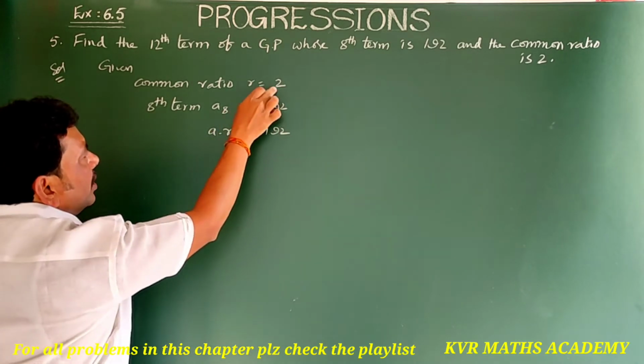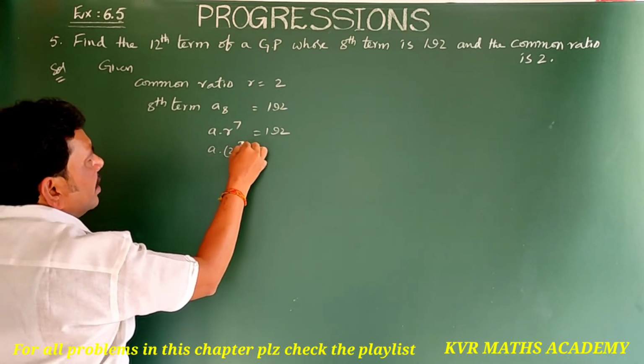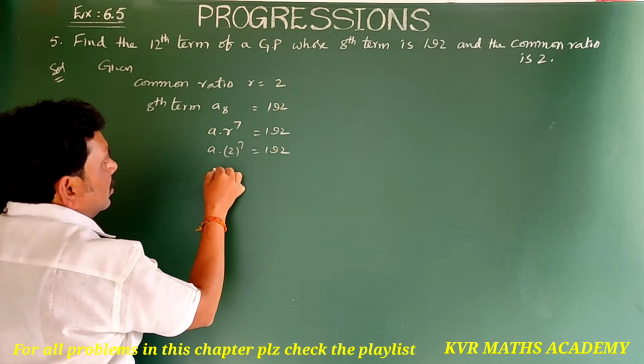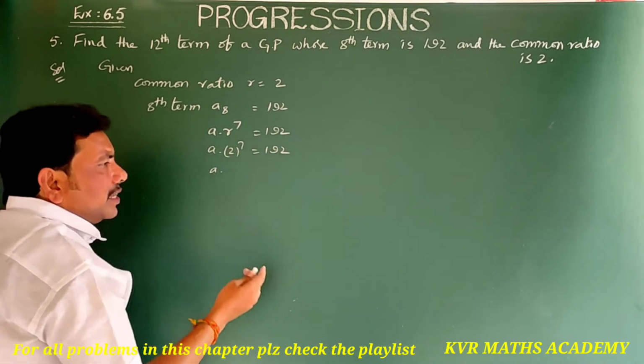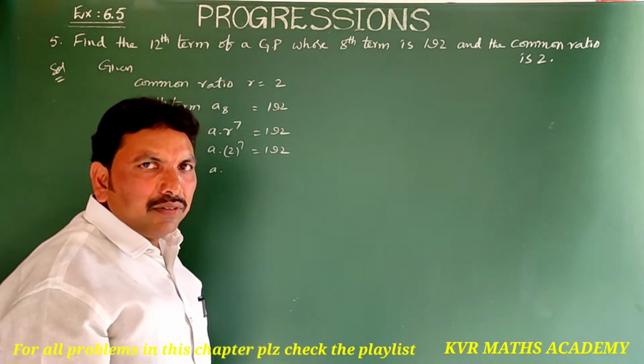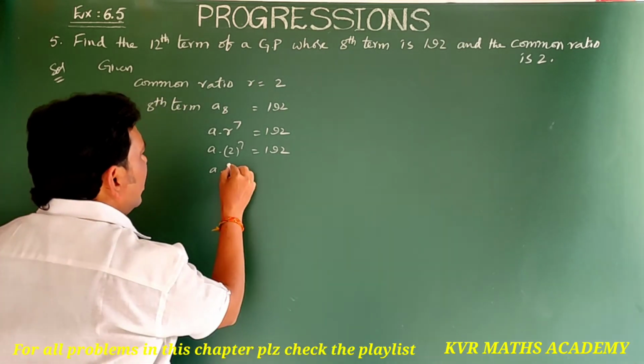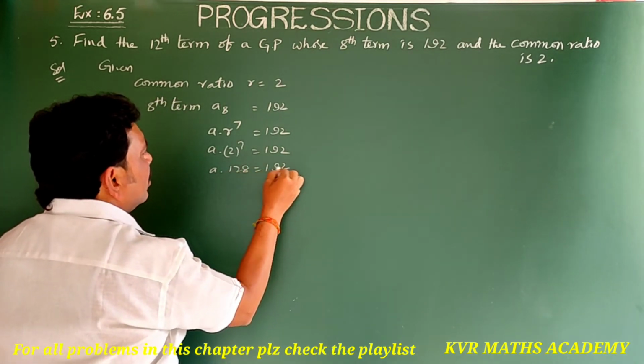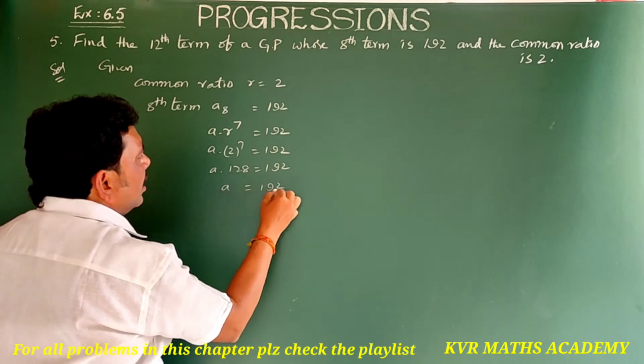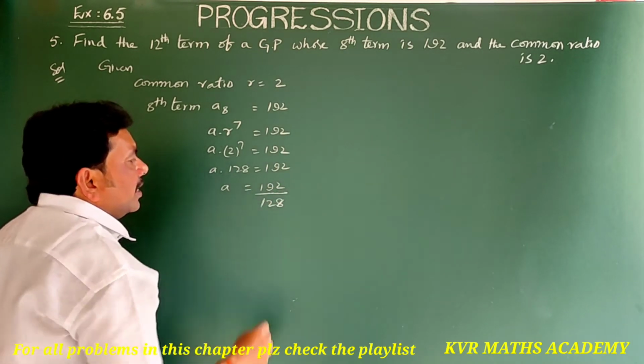Here r is given, so a into 2 power 7 is equal to 192. 2 power 7 is 128. So a into 128 is equal to 192, so a is equal to 192 by 128.